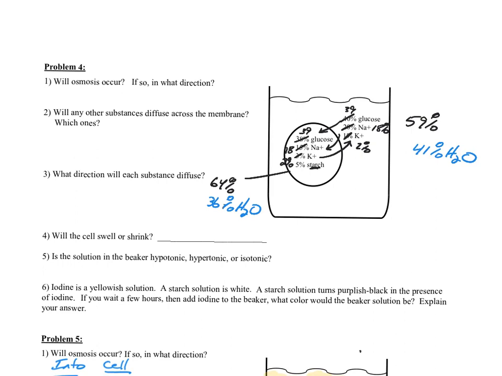Because we said osmosis was going to occur, outside into the cell. There's three ways to think about it. Let's go through all three ways one more time. So the first way is starch is not permeable, but starch would go out if it could, all right?